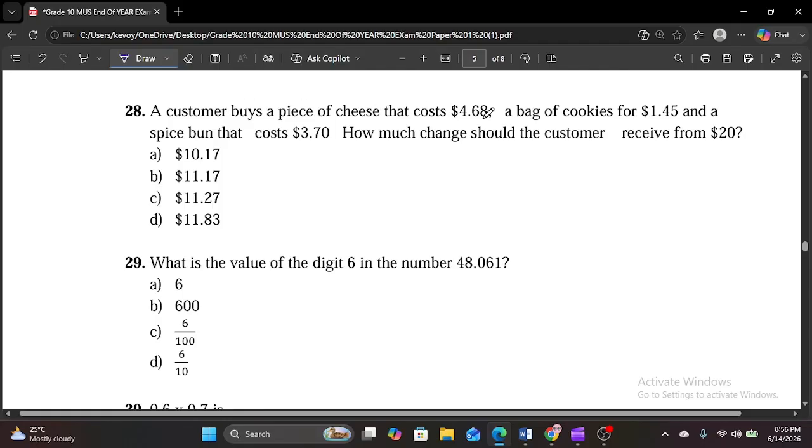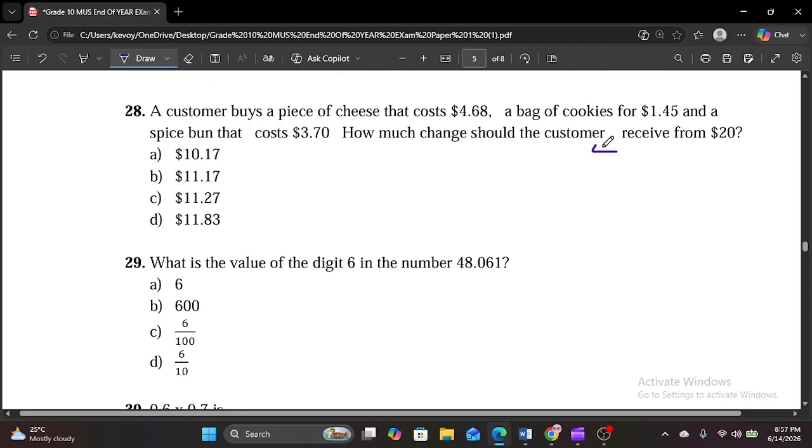First things first, you want to add everything up together and then subtract it from 20. You start by adding the largest number first. How many did he buy? Okay, so that means that they only bought one of each.